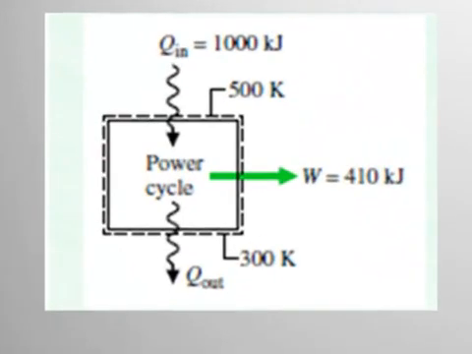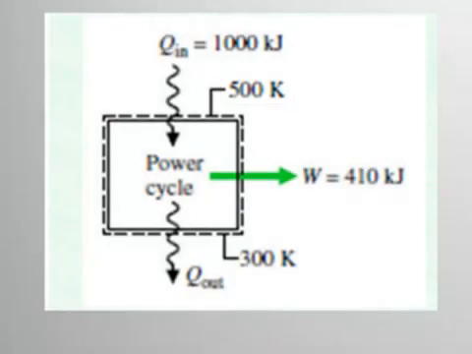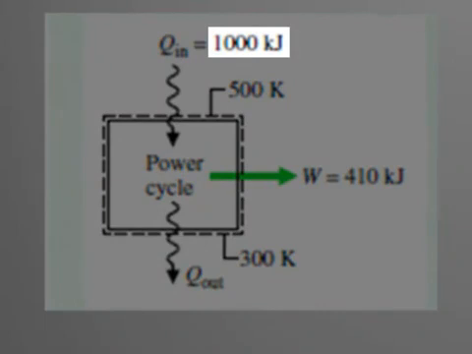Now let's look at the diagram. The diagram has put all the information together. At the heat source, we have a temperature of 500 Kelvin, and then the heat input as 1000.